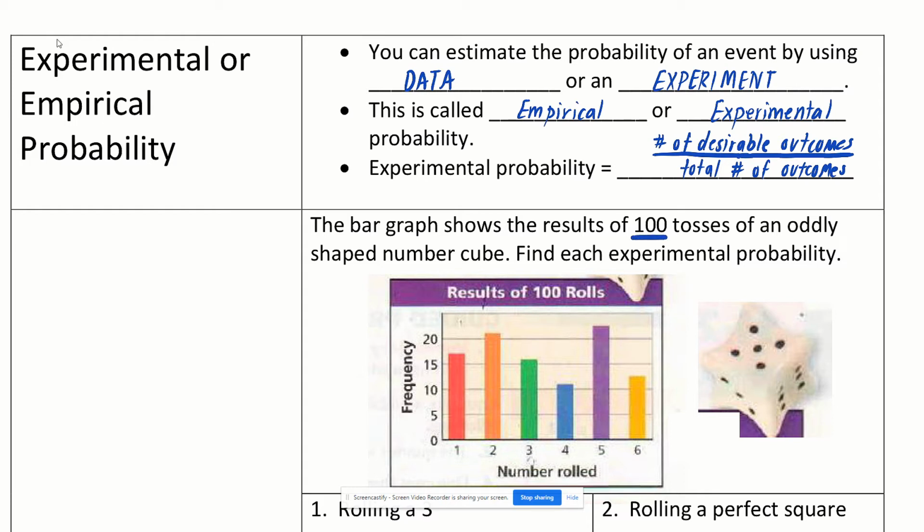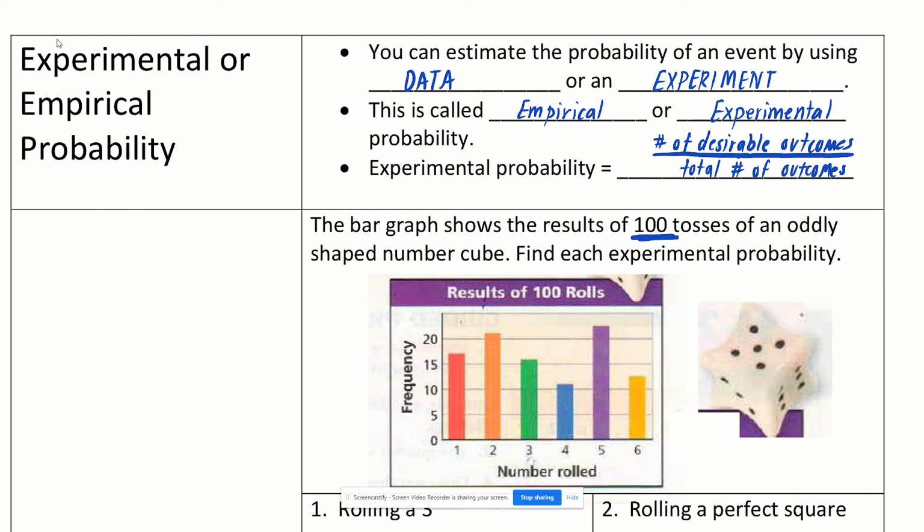Right off the bat, what are they telling me? They're telling me an experiment was done for this dice that's right here to the right. And it's saying, hey, this dice was rolled 100 times. And every time they accumulated how many different times 1 was rolled, how many different times 2 was rolled, so on and so forth. So we are using data.